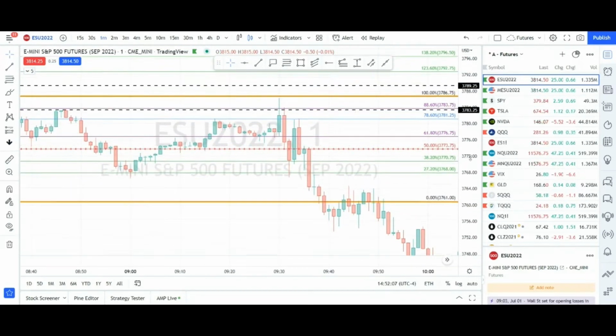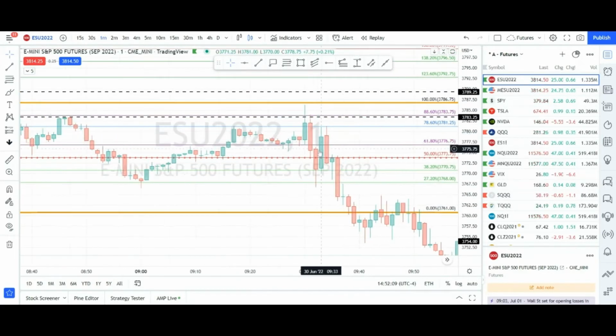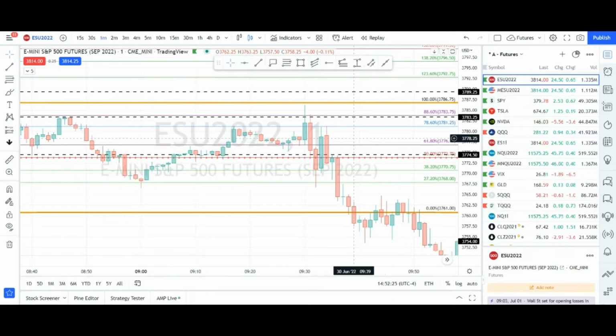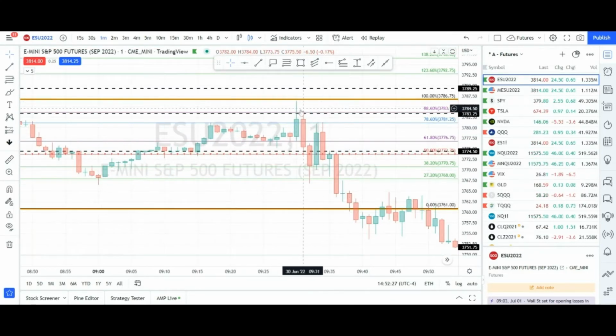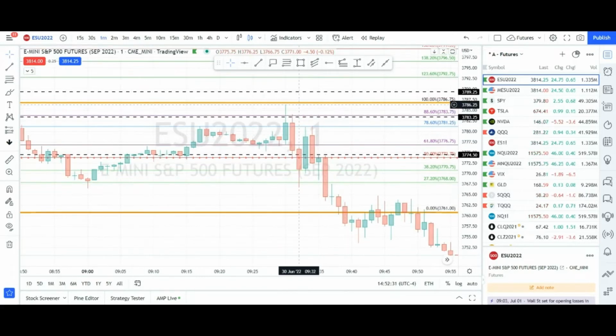If I have multiple contracts, then my first exit point will be here above this cross. In this trade, I can have 9 points, 9 times 50 is $450. If you only have one contract, you can go with this one. You will be on the safer side.